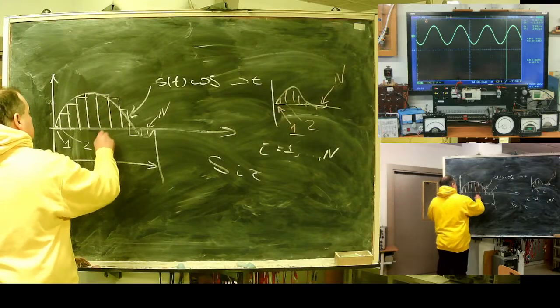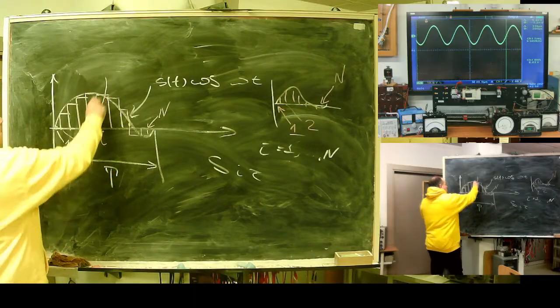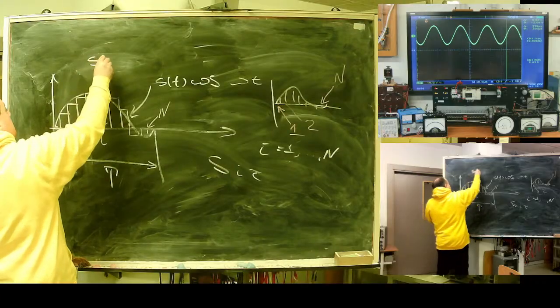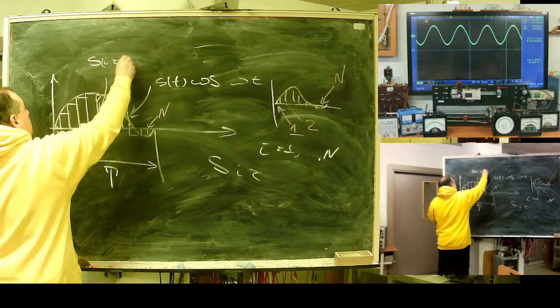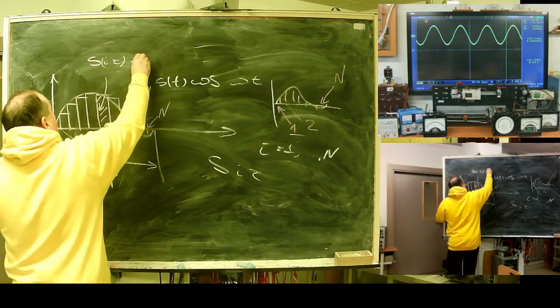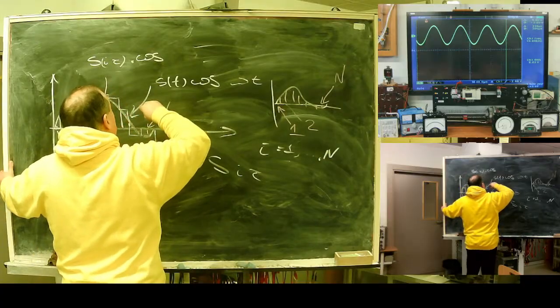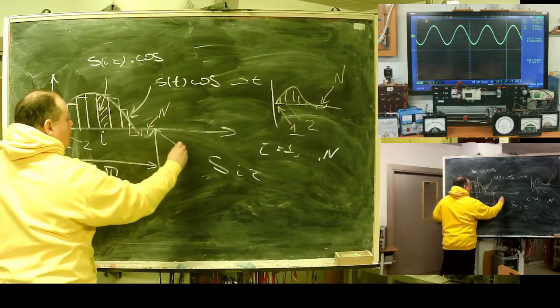Let's say this one is number i. The area of this figure is signal value at point i times tau multiplied by cosine. What's the angle for cosine at this point?